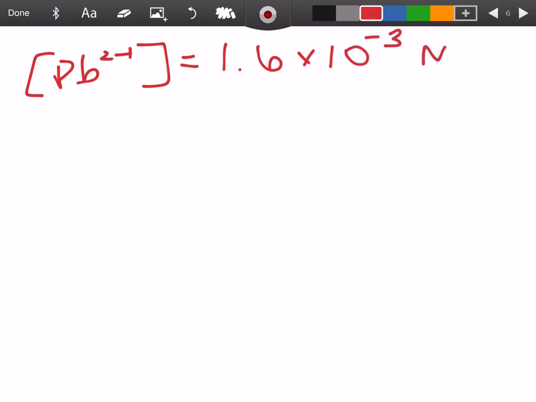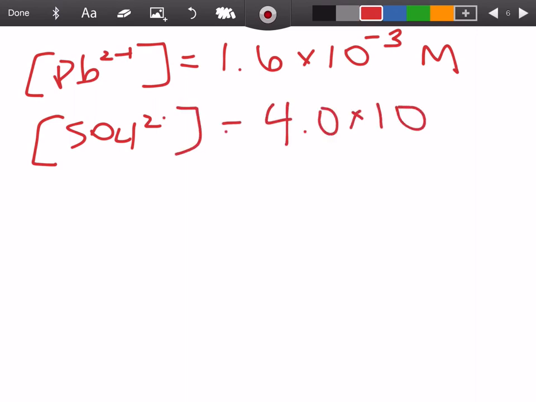When I do that, my molarity of Pb2+ should come out to 1.6 times 10 to the minus 3 molar, and my molarity of SO4 2- should come out to 4.0 times 10 to the minus 3 molar.